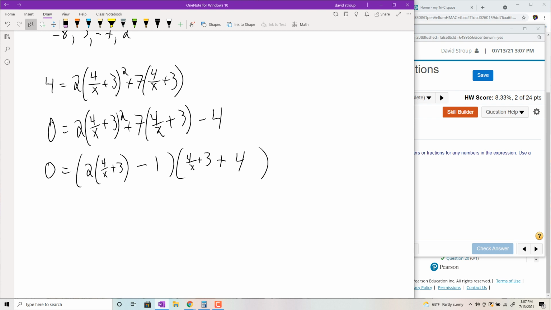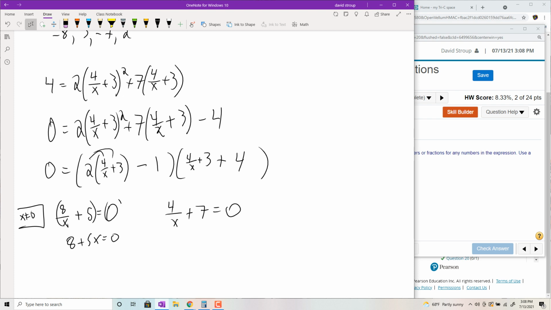Set each part equal to 0. I'll go ahead and distribute this thing. So I have 8 over x plus 6 minus 1 is plus 5. Then the other one, 4 over x plus 7. x can't be 0 for these. Multiply both sides by x. So that one works, negative 8/5.